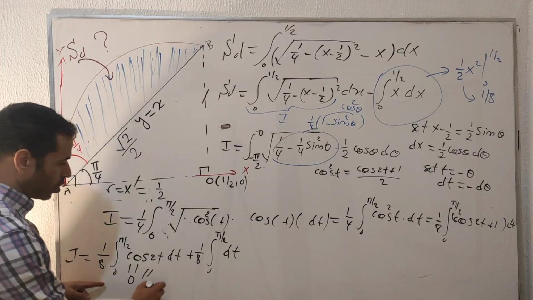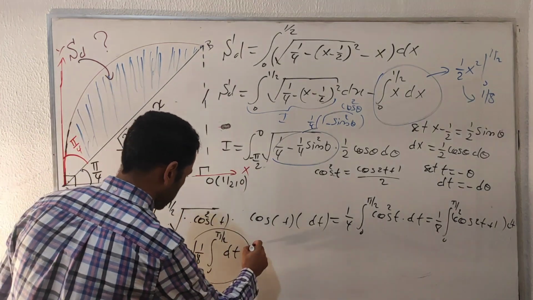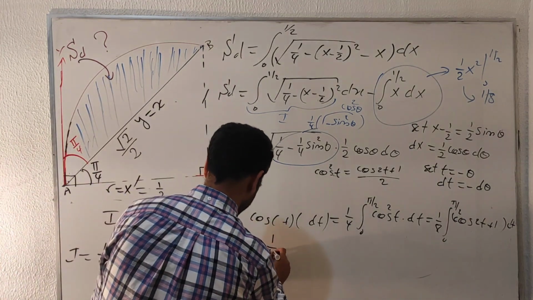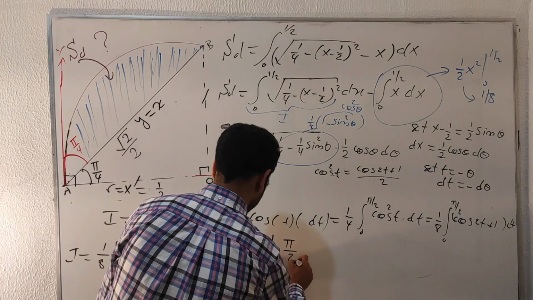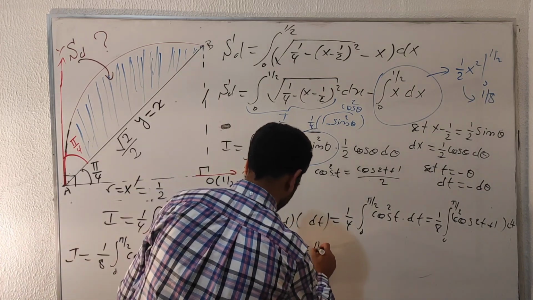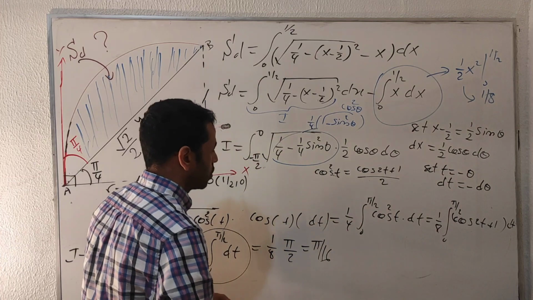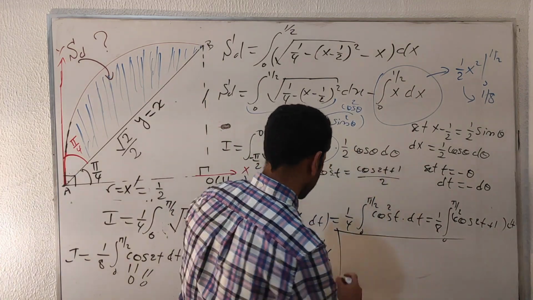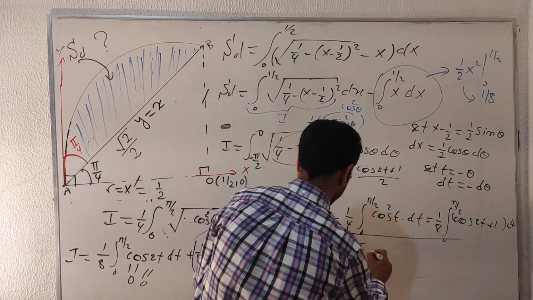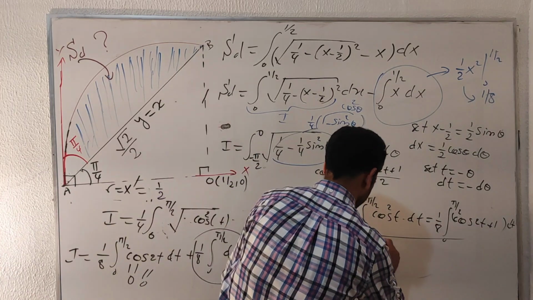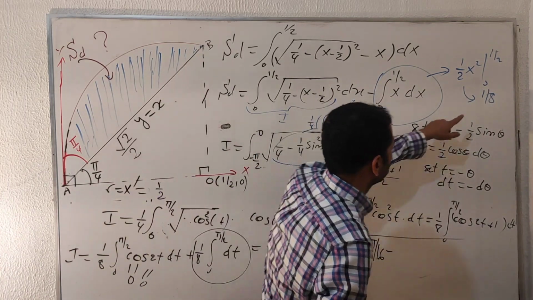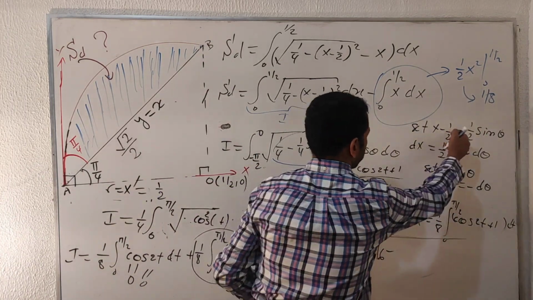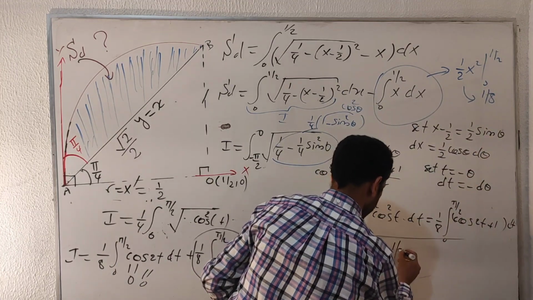I will be left only with this one, which is clearly 1 over 8 times pi over 2, which is pi over 16. So the shaded area is this value of pi over 16 minus the 1 over 8 which we found before, minus this difference, minus 1 over 8.